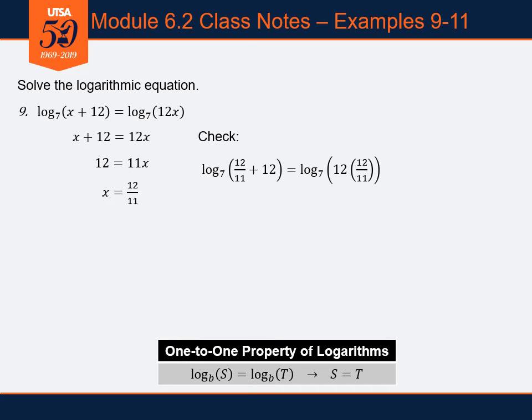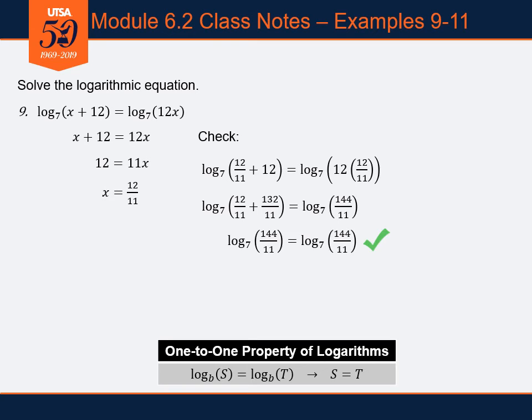Adding fractions means you need to find a common denominator. On the right-hand side, multiplying fractions is just multiplying. 12 times 12 is 144 over 11. On the left-hand side, changing to a common denominator and then adding gives me log base 7 of 144 over 11, which is the same thing I got on the right-hand side.